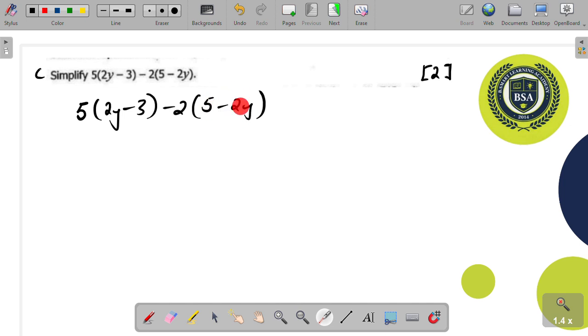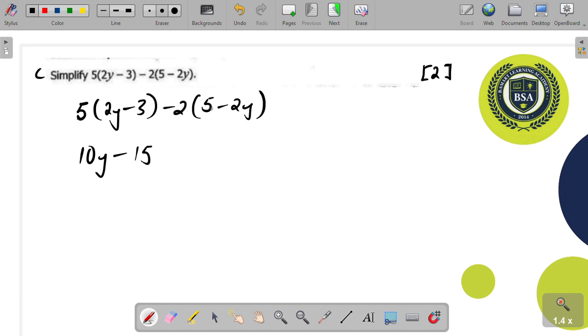So here's how we're going to do it. 5 times 2y, it is what? 10y. 5 times negative 3, it is negative what? 15. Okay, so we move to the other side.